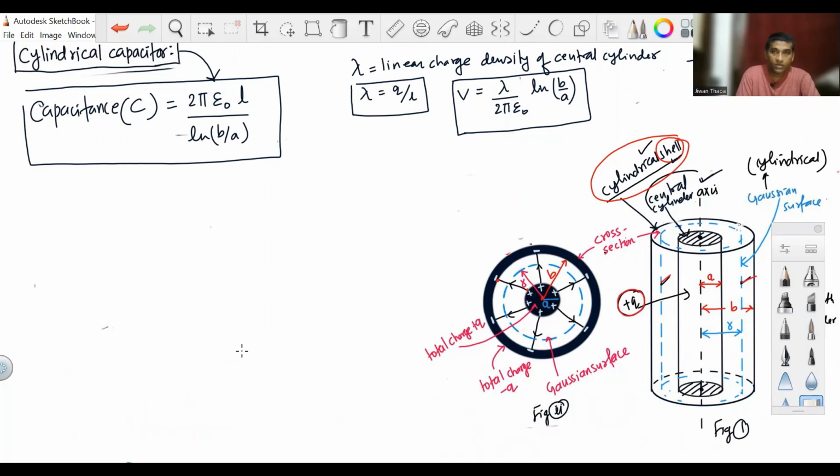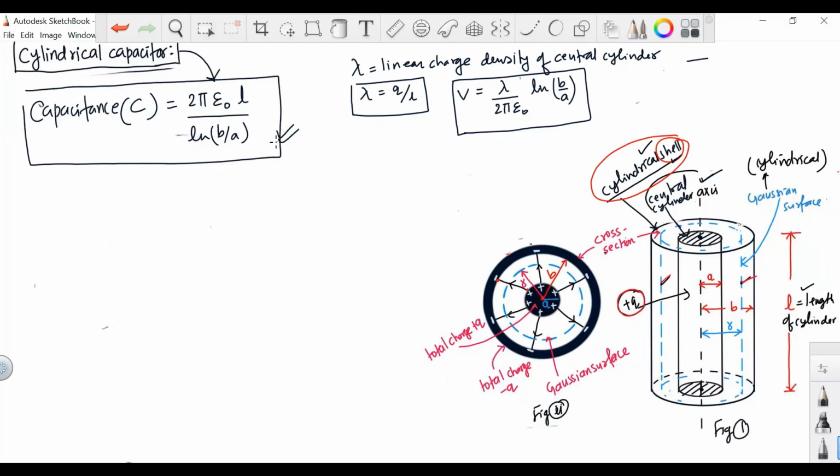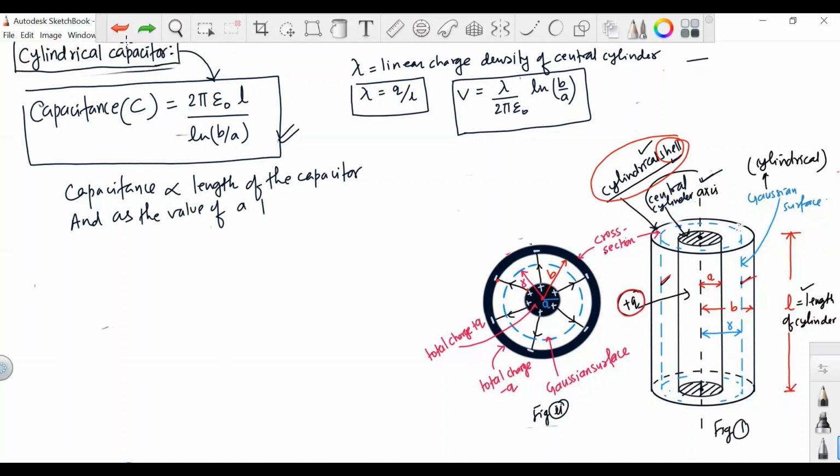Now we can see from this expression that capacitance is proportional to length of the capacitor, and as the value of A approaches B, that is when A approaches B, clear?